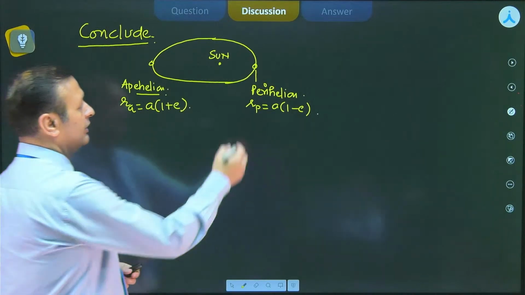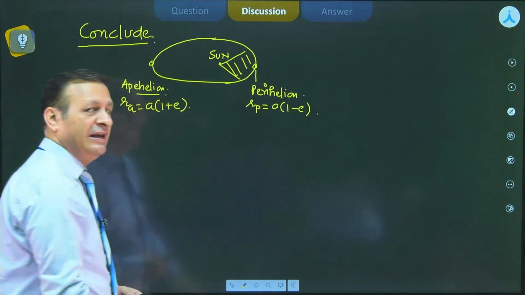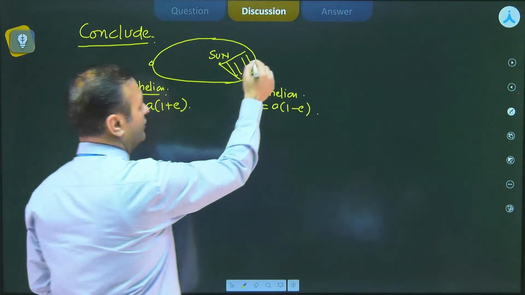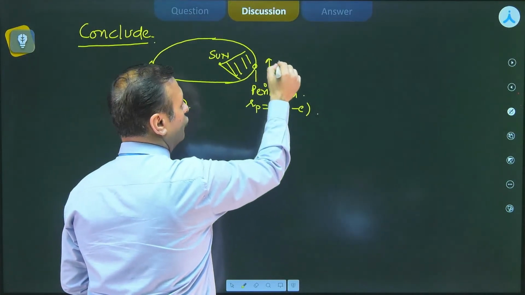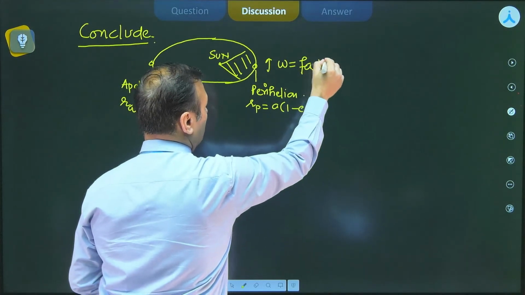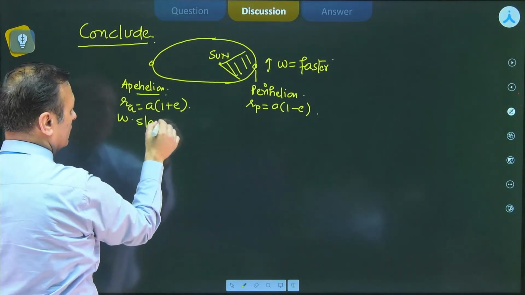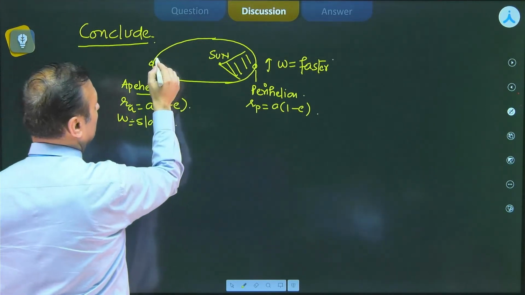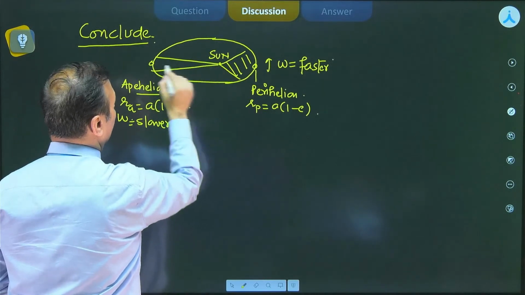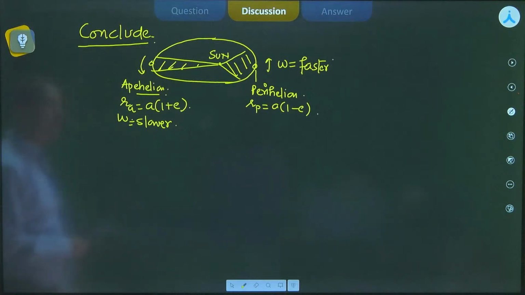Got it? Here, to maintain areal velocity constant, what would omega be? Omega would be faster here, and here omega would be slower. You got it or not?